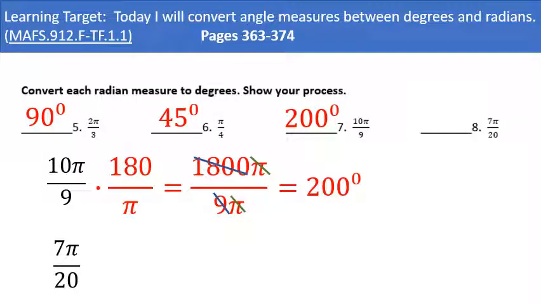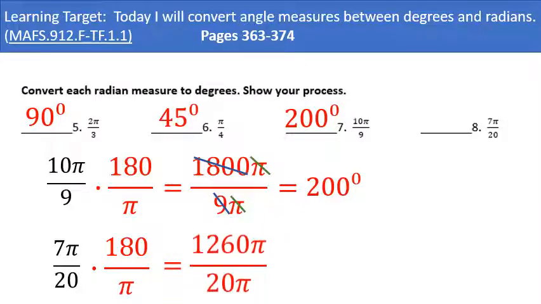Multiply by 180 over pi. Multiply straight across, 7 times 180. 1,260 pi over 20 pi. Okay, pi's are going to cancel out. You get 1,260 divided by 20, 63 degrees. So far, so good.